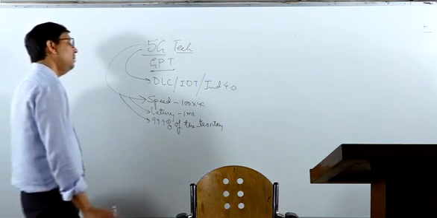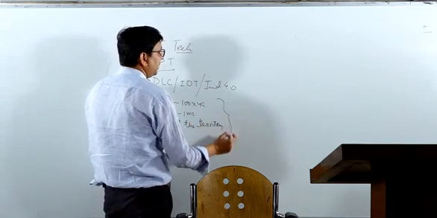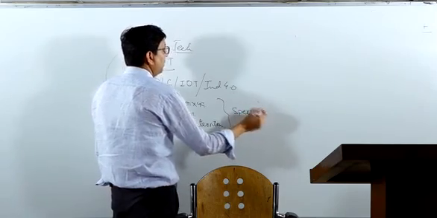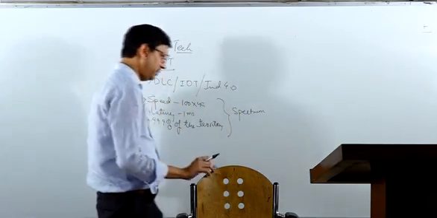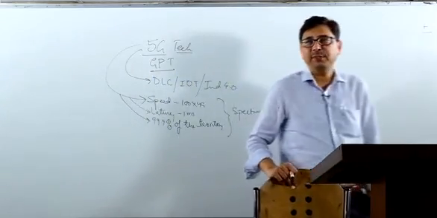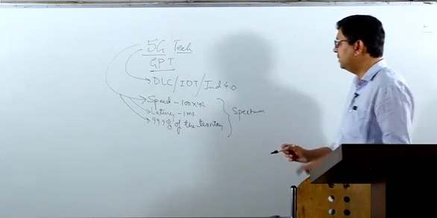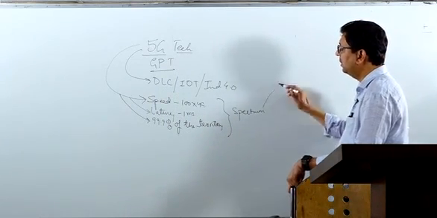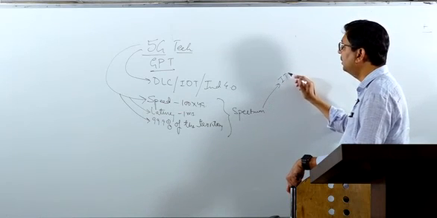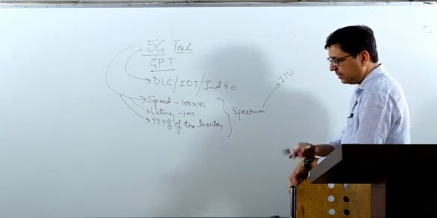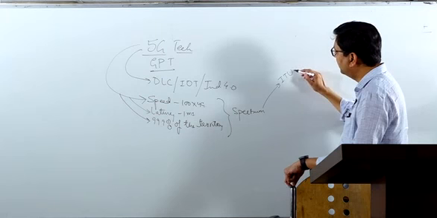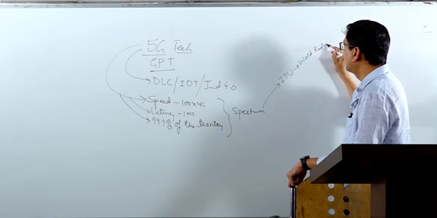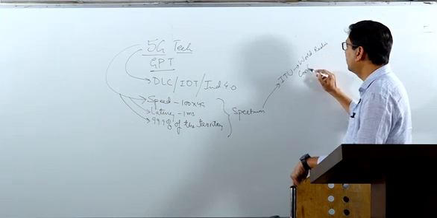Now besides that, one very important requirement is spectrum, meaning the frequency which will be used. For deciding the frequency for 1G, 2G, 3G, 4G, there is a body called the International Telecommunication Union, and it organizes World Radio Conferences.